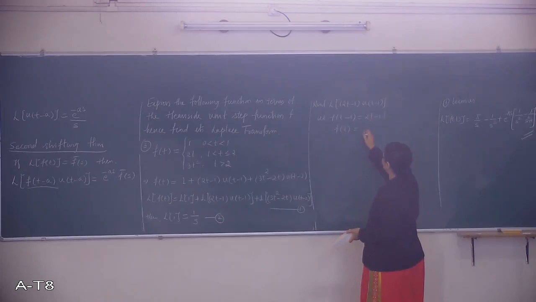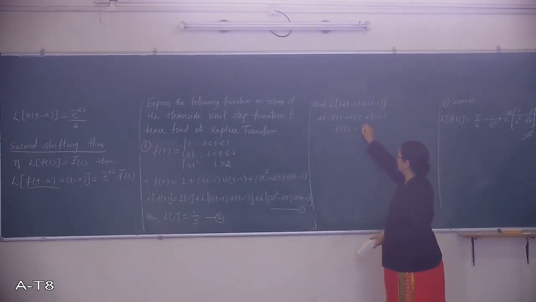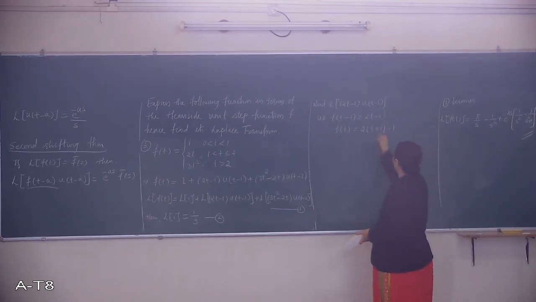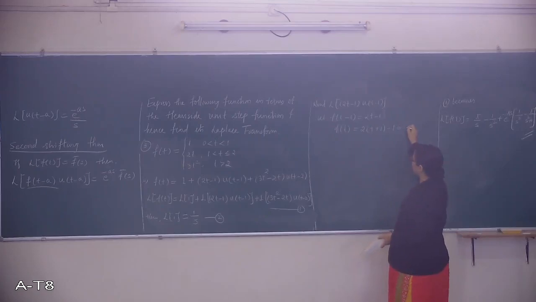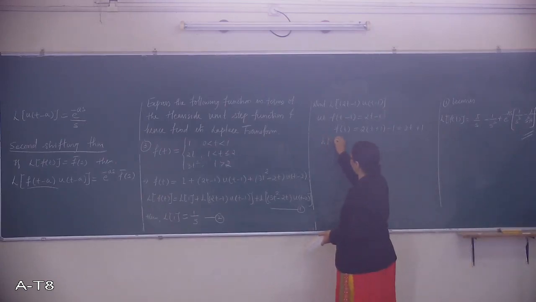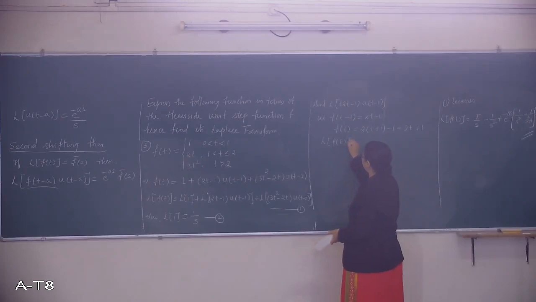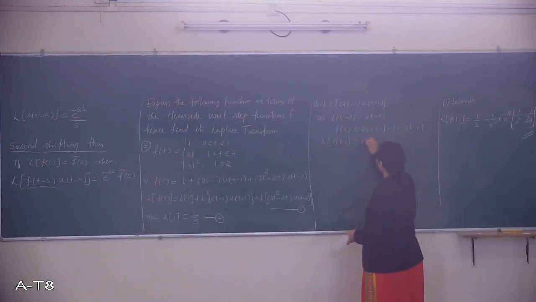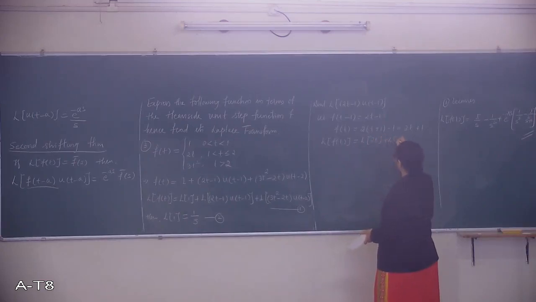Similarly, if you replace t by t plus 1 on the right side, we get 2 into t plus 1 minus 1. When you simplify this, you get 2t plus 2 minus 2, so that will be 2t plus 1. Now we take the Laplace transform of this f of t, which equals Laplace transform of 2t plus Laplace transform of 1.